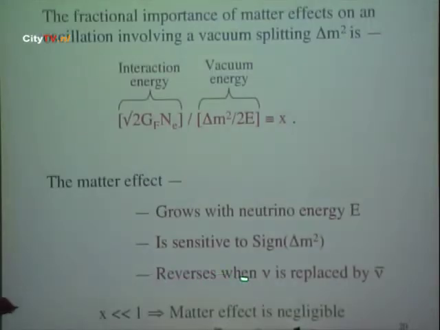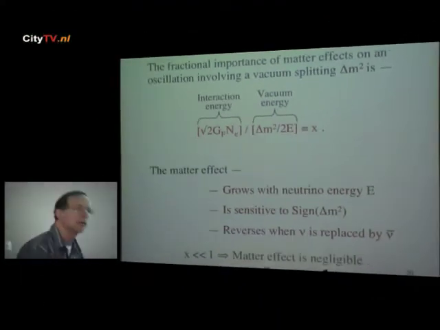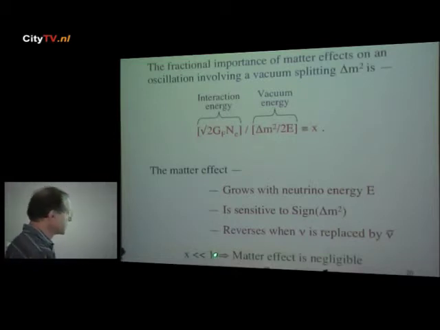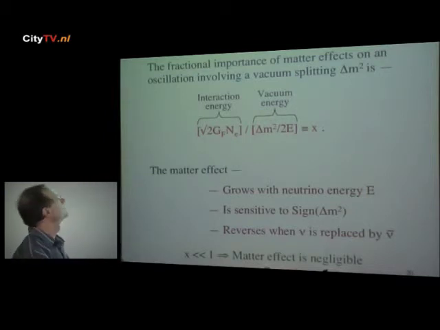So the effective matter effect correspondingly flips sign when you go from neutrino to antineutrino. And if x is of order 1, the matter effect is important. If x is 100, it's very important. If x is very small compared to 1, the matter effect is negligible. There have been experiments of both kinds, where the matter was important, where the matter was negligible.